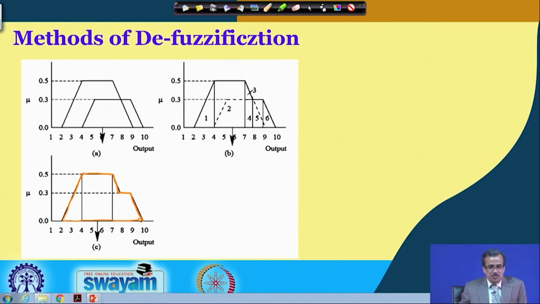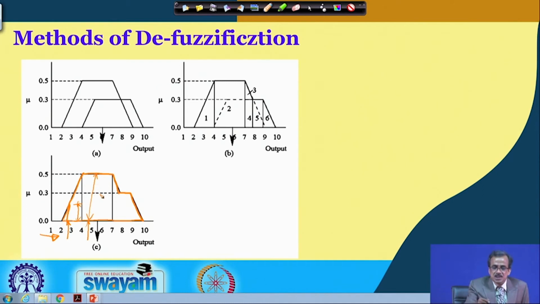Now, our aim is to find out a crisp value. What we do is we start from here and try to move in this particular direction, and we try to find out the value of mu, considering this combined control action, this fuzzified output. So, if I am here, this is my mu. Now, if I am here, this is my mu.